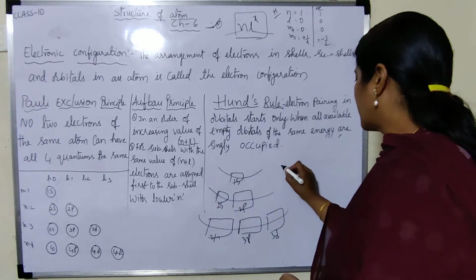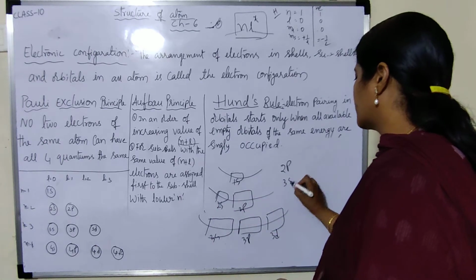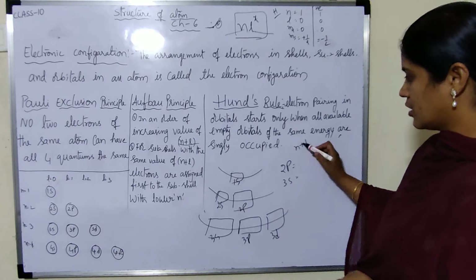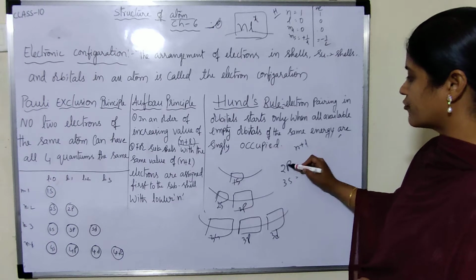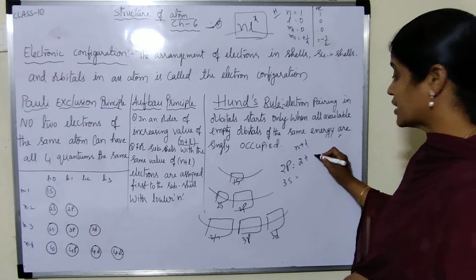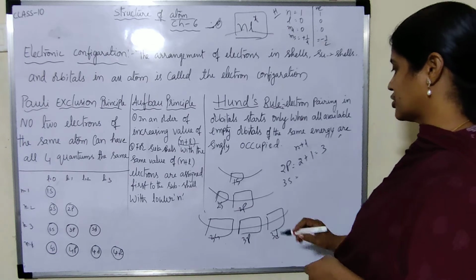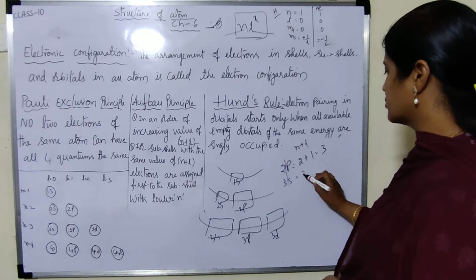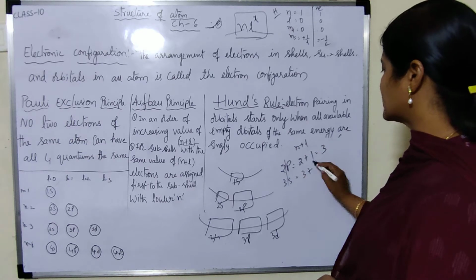For that again we'll find the n plus l values for 2p and 3s. Here n is 2 and the l value for p is 1, so you will get 3. And here the n value is 3 and the l value for s is 0.